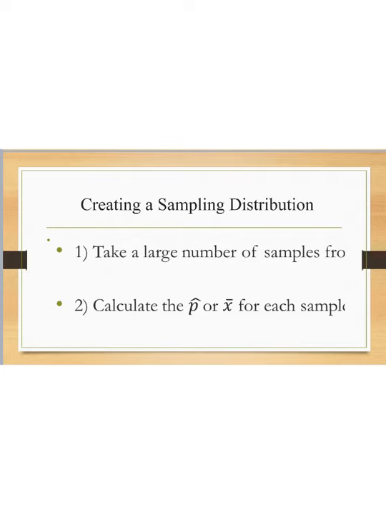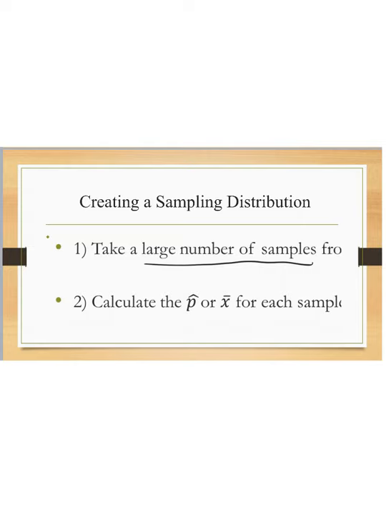So what we do, and again, I don't know what happened here with this formatting, but we take a large number of samples from a population, okay? And again, that's typically millions, which we use a computer for. We get the p hat or the x bar, so it might be instead of average height of those 30, we might be taking what proportion of those 30 like math, or what proportion of those 30 are in extracurricular activities or something like that.